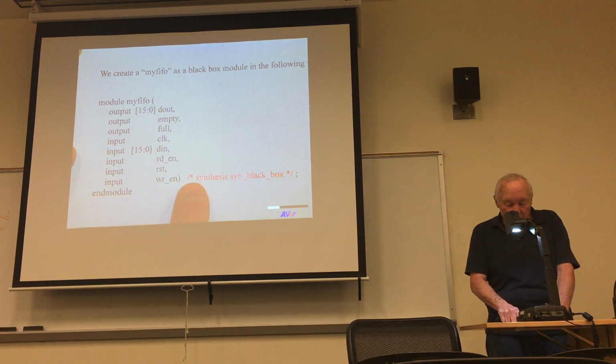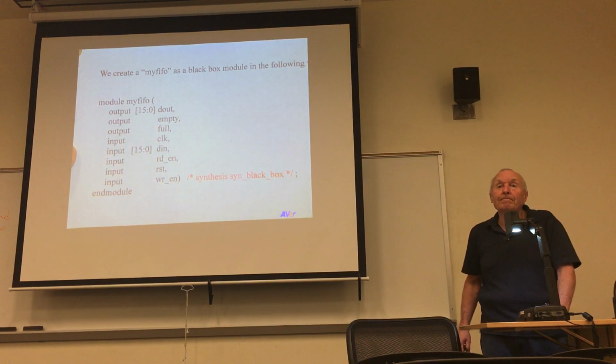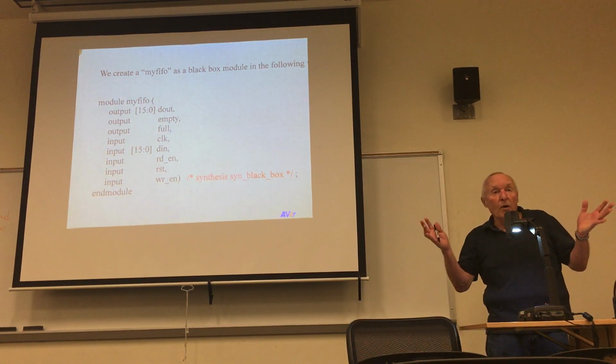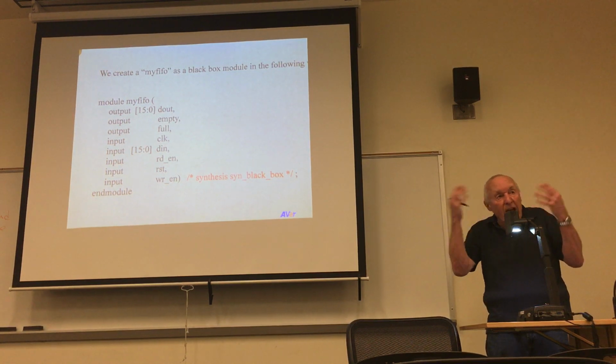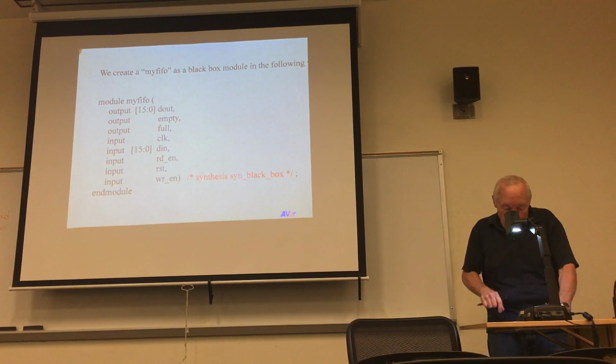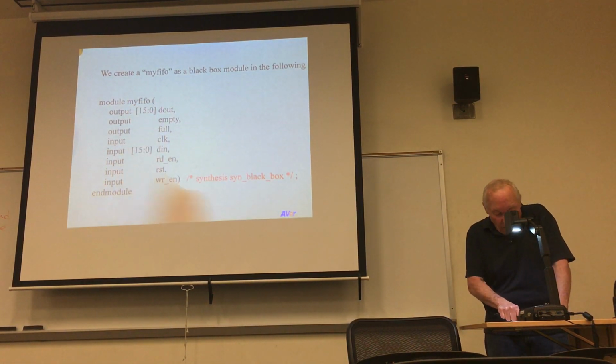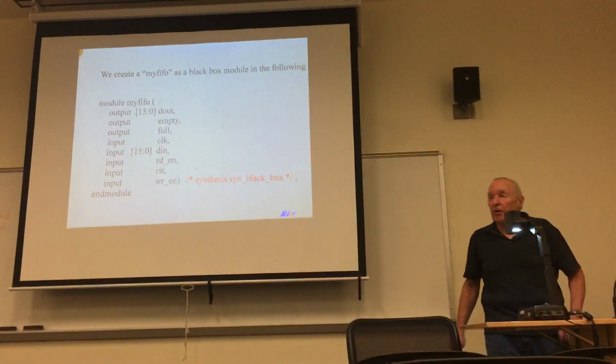And then I include this synthesis attribute, synthesis syn_black_box. I just define the ports. There's no functionality listed. It's empty as far as functionality. I just tell you what the ports are and I put in that synthesis attribute.